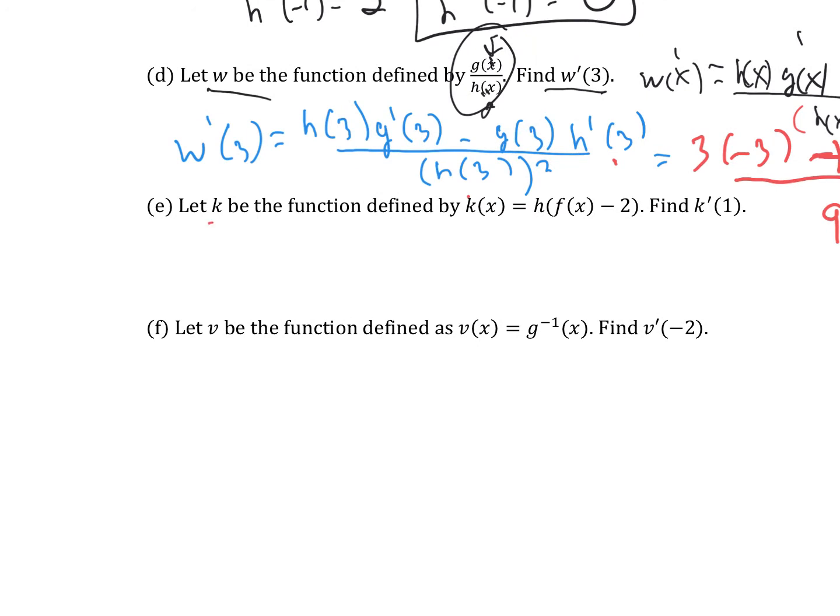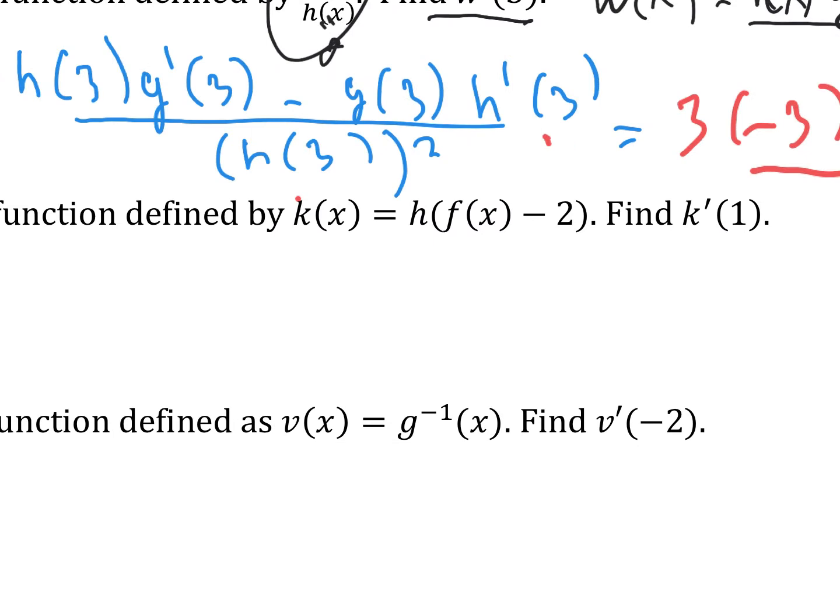Let k, another function, like we haven't done enough already, be defined by, okay, what do I see? k of x is a composite function, h of all of this. And he wants the derivative of k evaluated at 1.